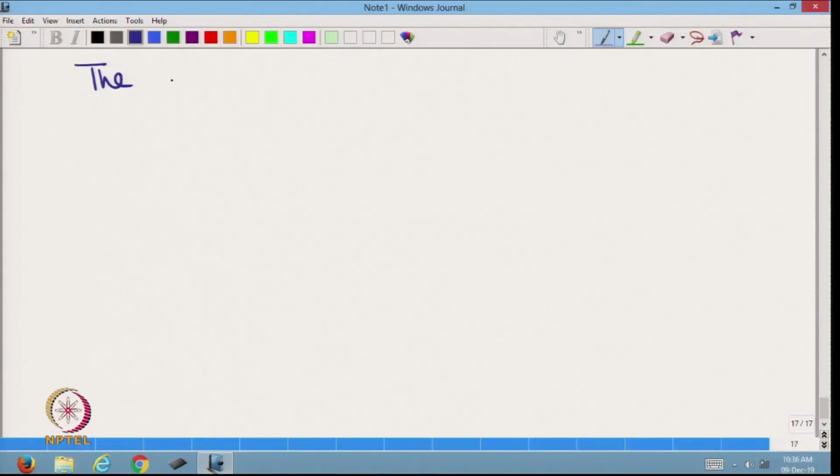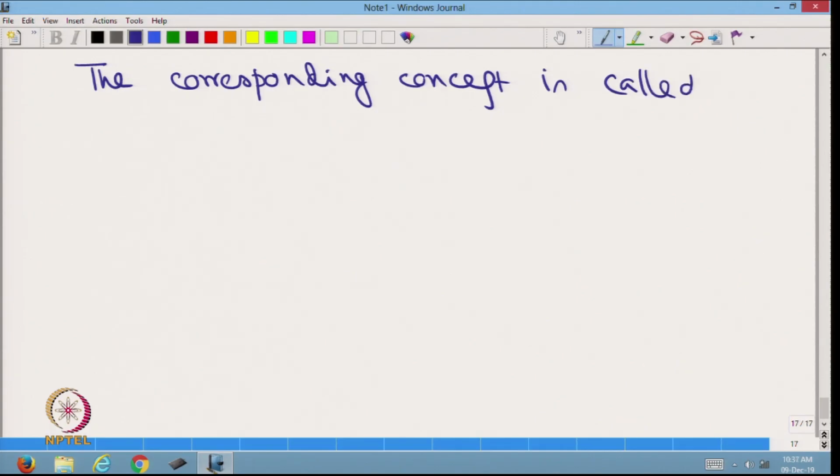The corresponding concept is called probability measure.